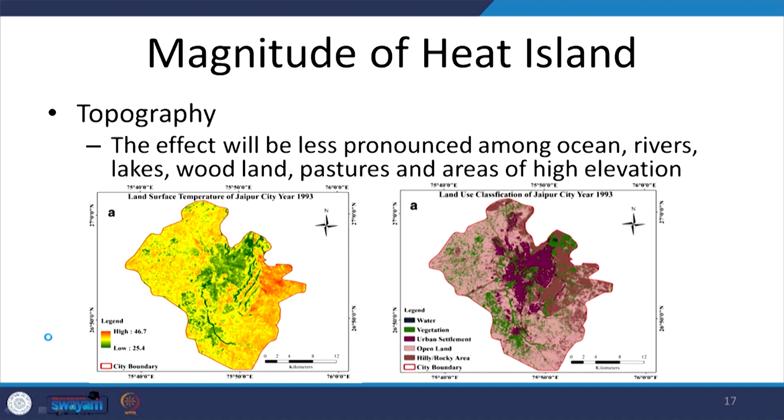So, if we look at each of these parameters individually, we have topography.